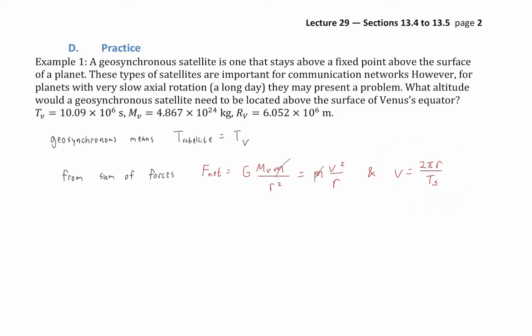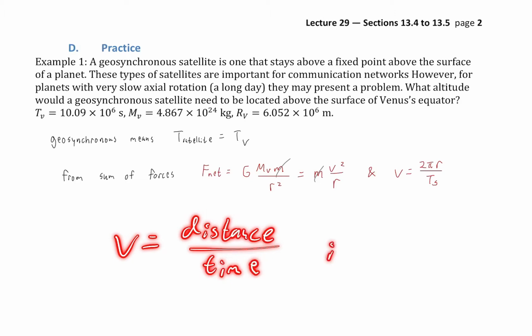But before we do so, over here, we're expressing the velocity for uniform circular motion, because by definition, velocity is distance over time, if it's constant. Well, velocity is constant in magnitude for uniform circular motion. It's constant speed motion, okay? Not constant direction, but definitely constant speed.